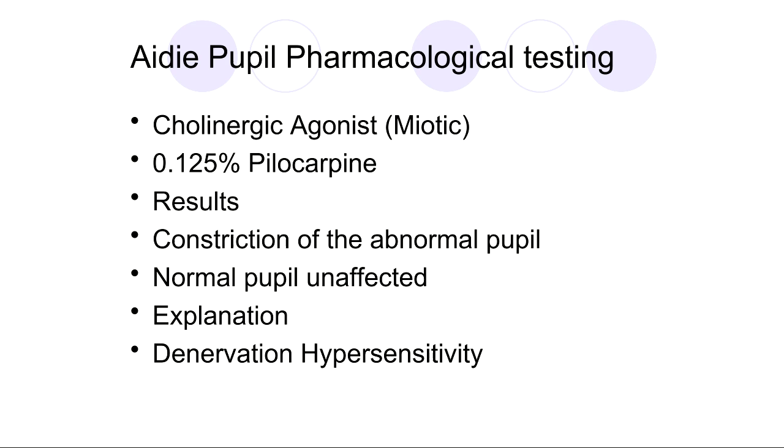When you give this very mild cholinergic agonist, you'll have constriction of the abnormal pupil. The normal pupil will be unaffected. This is because with Adie's tonic pupil, you have a denervation hypersensitivity to this mild cholinergic agonist, all right?